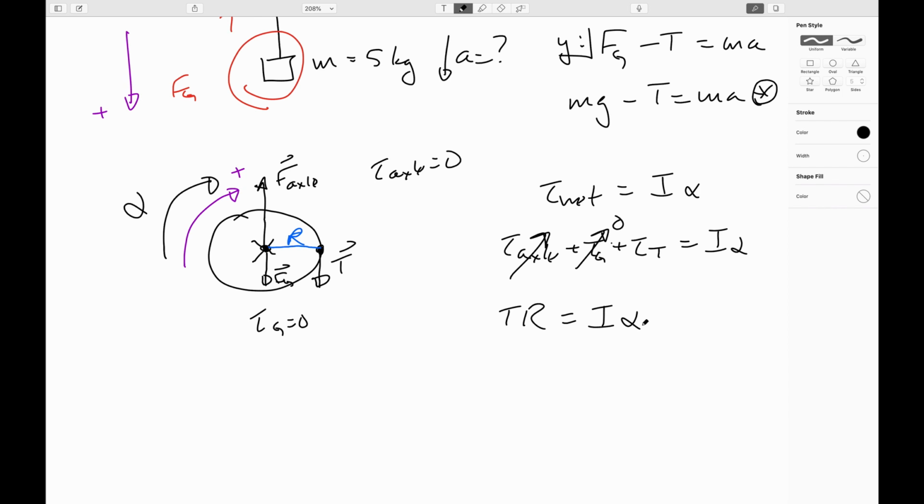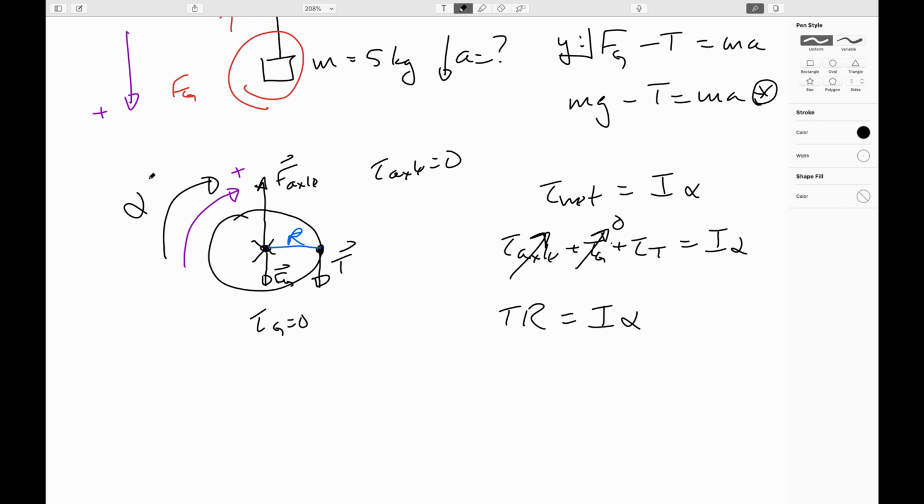Alrighty, so that doesn't look super helpful now, does it? Because although I've got a tension here, I could in theory solve this for the tension and stick it into there, but that leaves me with this alpha here, and that doesn't seem to help until we remember that this point of this piece of string right here at the end would also be the same as the tangential acceleration of a chunk of mass right at the end.